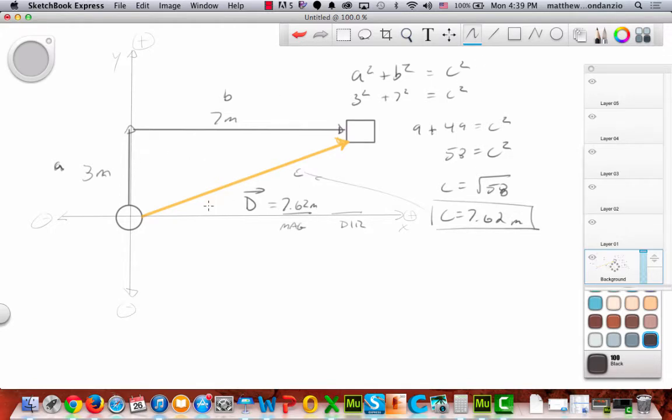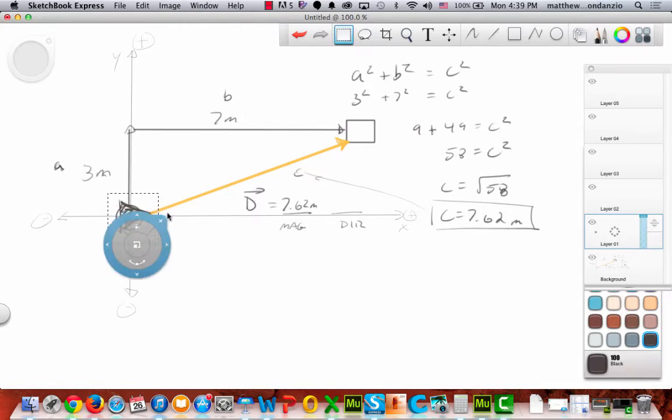What I mean is that if I am pointed in this direction, this is the way I'm pointing, then in order to get to the direction of the resultant vector, I would turn from the x-axis that amount of angle, so that I'm pointing down towards the orange.